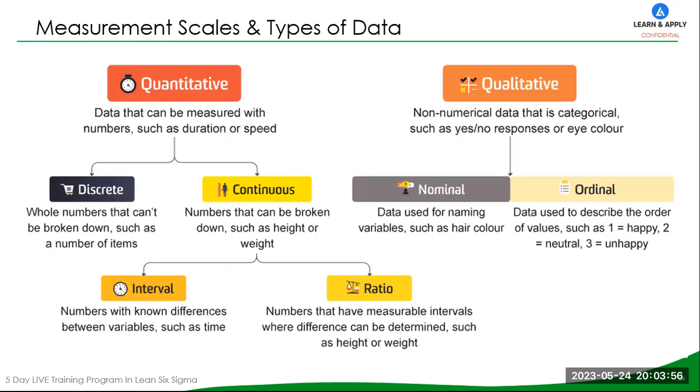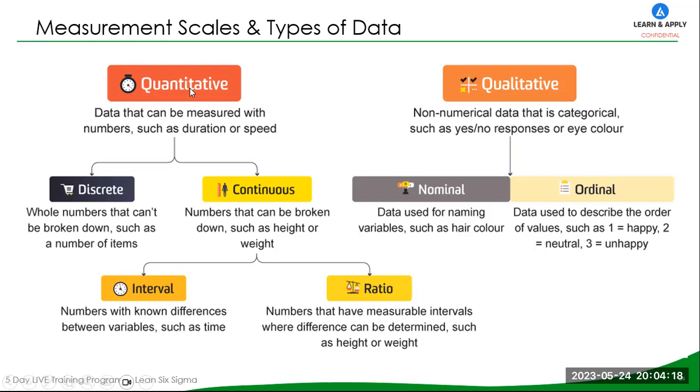Now, let's talk about the scales. These scales are what we mention when we collect the data. When we collect data, it is expressed in four important measurement scales. These scales come from the type of data itself. There are two main types of data.